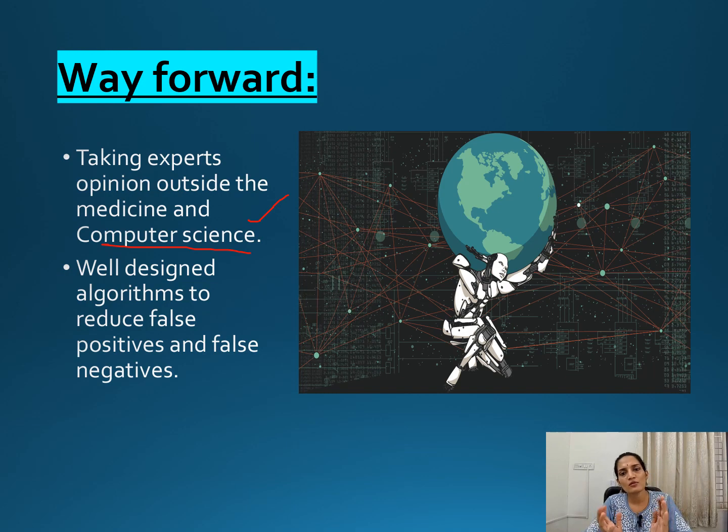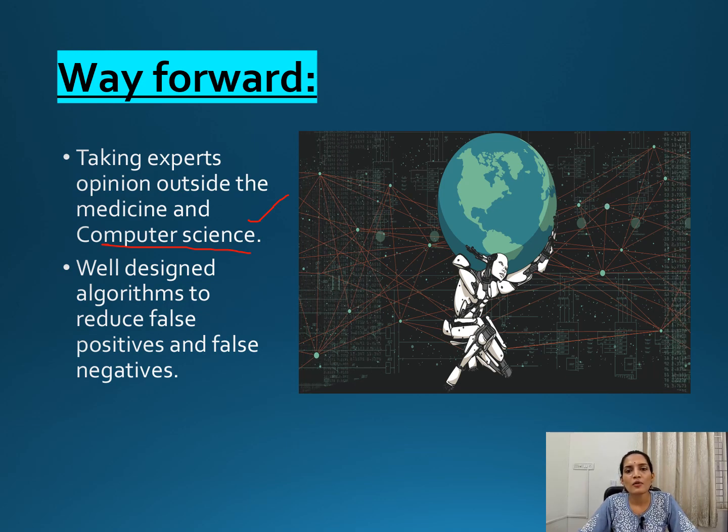Apart from these two fields, in these kinds of innovations you have to take expert opinion from philosophers, philanthropists, psychologists, and social workers who are working in their own ambits for the welfare of society.